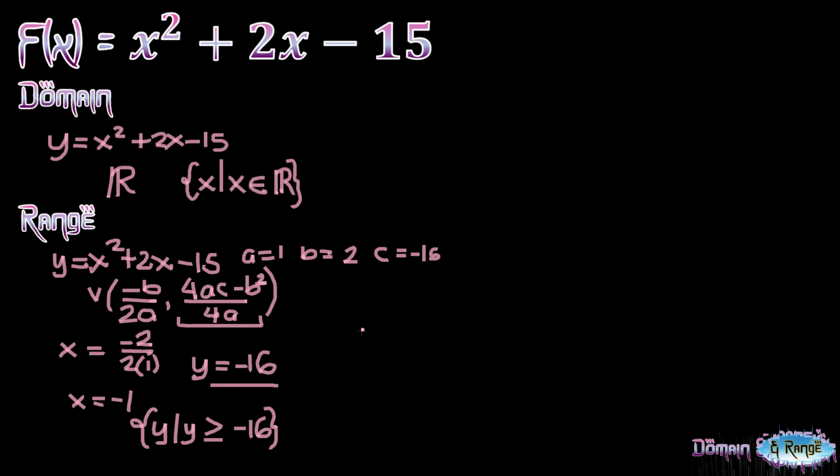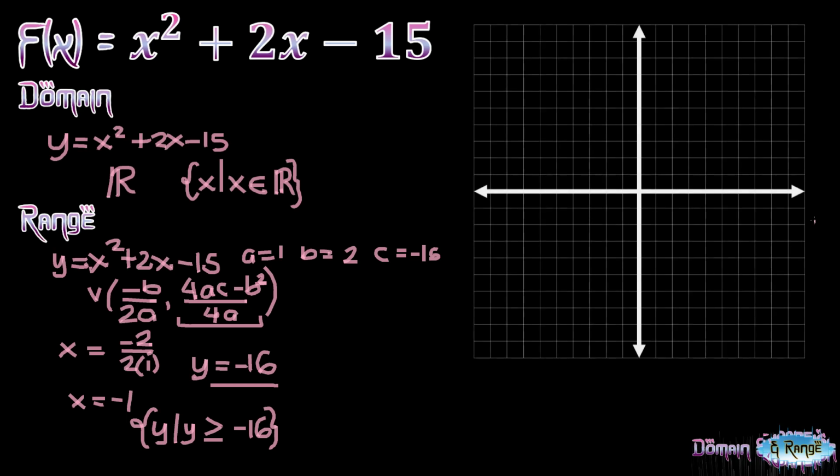Now, to illustrate this further, let's use this Cartesian plane. We know that the x-axis is this horizontal axis and the vertical axis is our y. Our vertex is at negative 1 and negative 16. The y value is very large and the grids here do not exceed 10 steps, so let me have it here like per grid is per 2 steps.